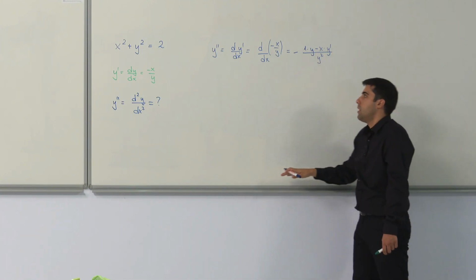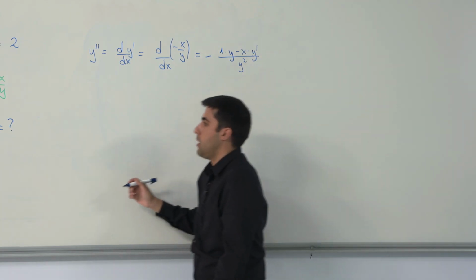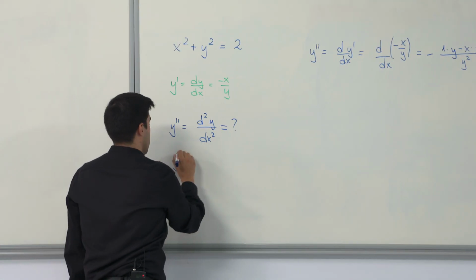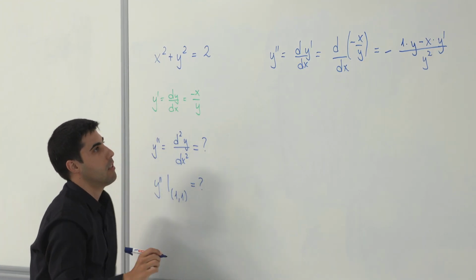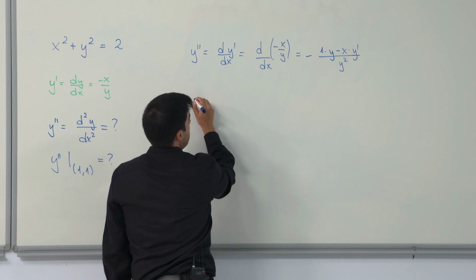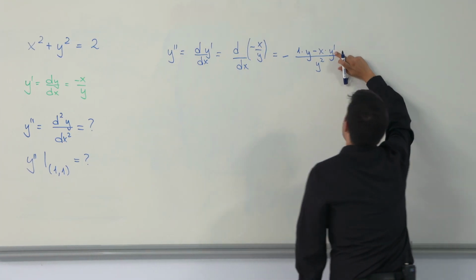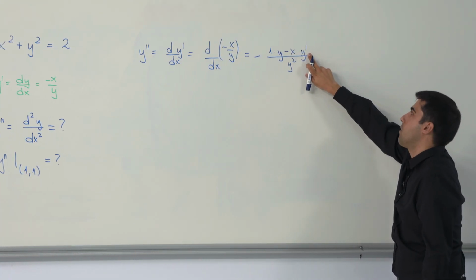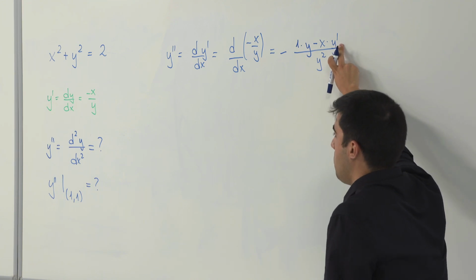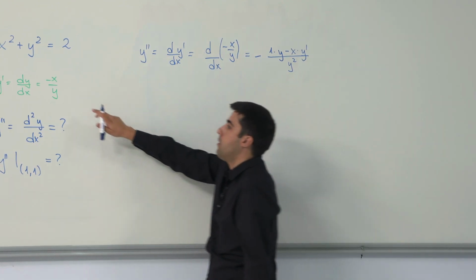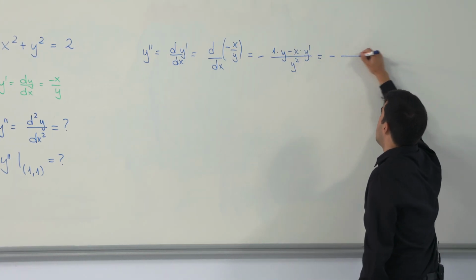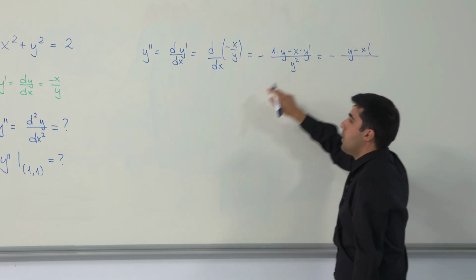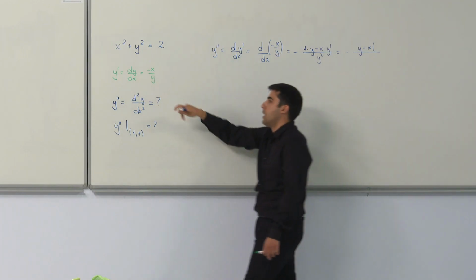It's perfectly okay to leave this in this form if you want to evaluate this derivative at a given point. For example, if you want to find the value of the second derivative at 1, 1, we can plug in over here. However, we need to know also the value of y prime at the given point. Because we know y prime, you can put it back over here to obtain minus y minus x times y prime, where y prime is minus x over y.